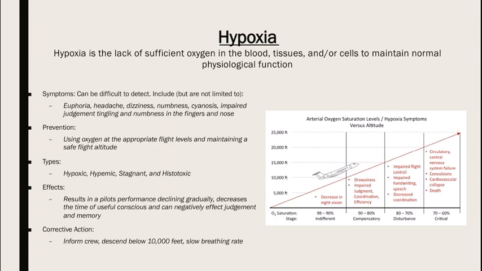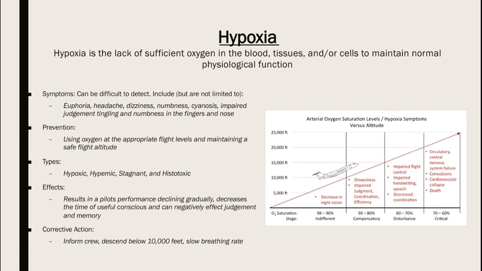The symptoms of hypoxia are cyanosis, which is the blue in the fingers, and a headache, euphoria, numbness, and it can impair your judgment, making you think that everything is fine. How do we prevent this? Using oxygen at the appropriate flight levels and maintaining a safe flight altitude.